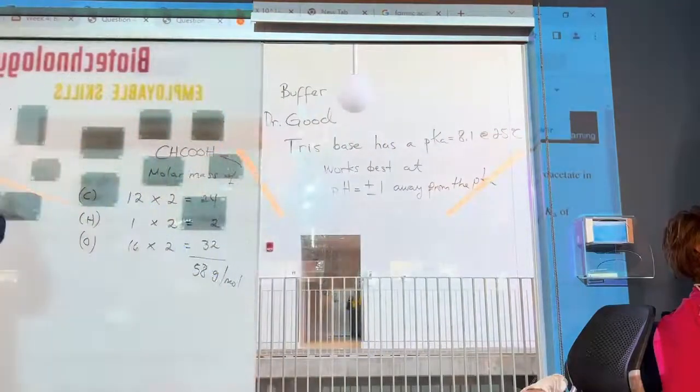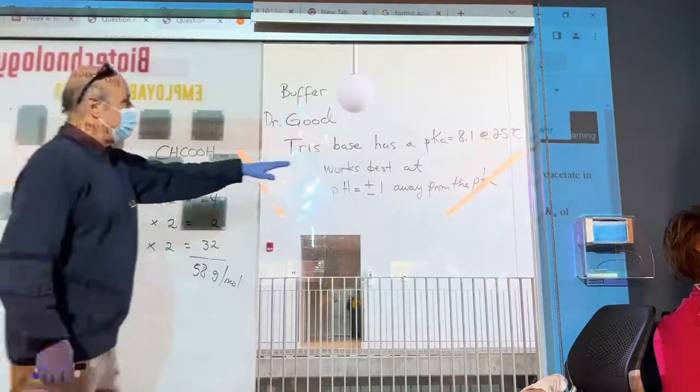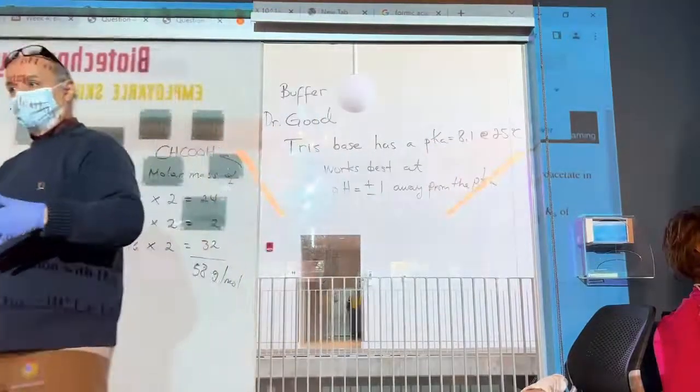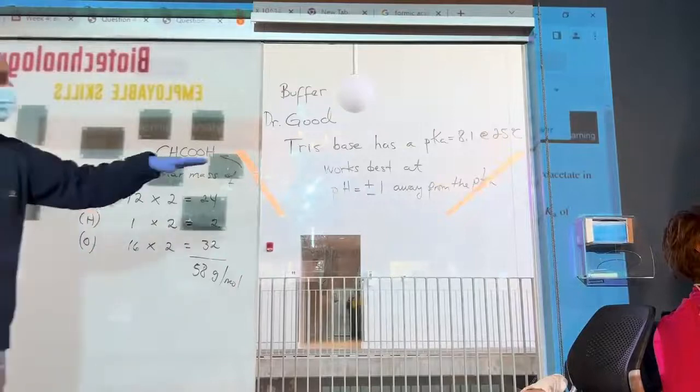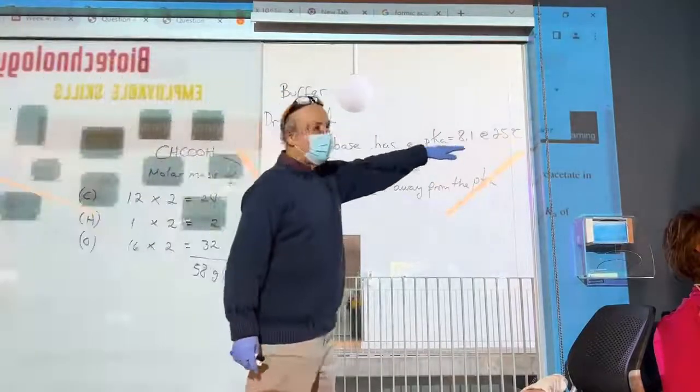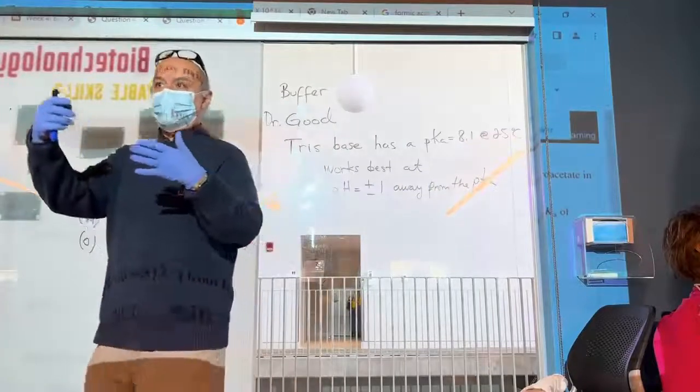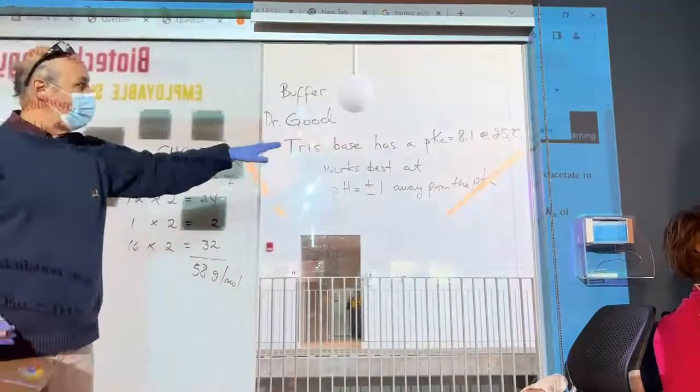So, if you're studying an enzyme that works best at 8, oh, this is the best buffer. It's right there. If you're studying an enzyme that works best at 7, you can still use this because that's within 1 pH unit of 8. If you're studying an enzyme that works best at 9, this is still your buffer.